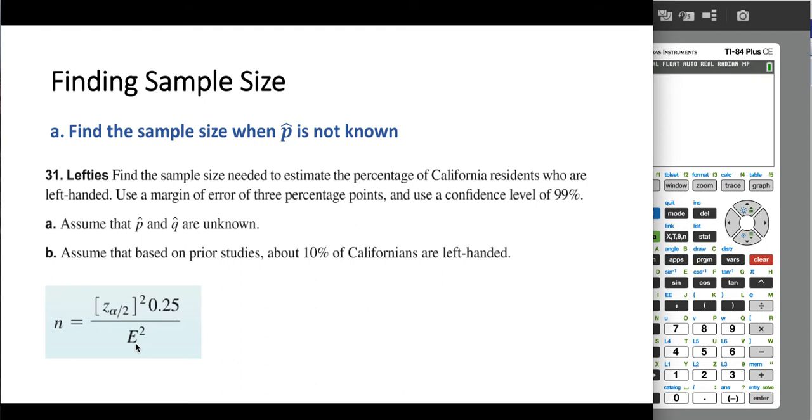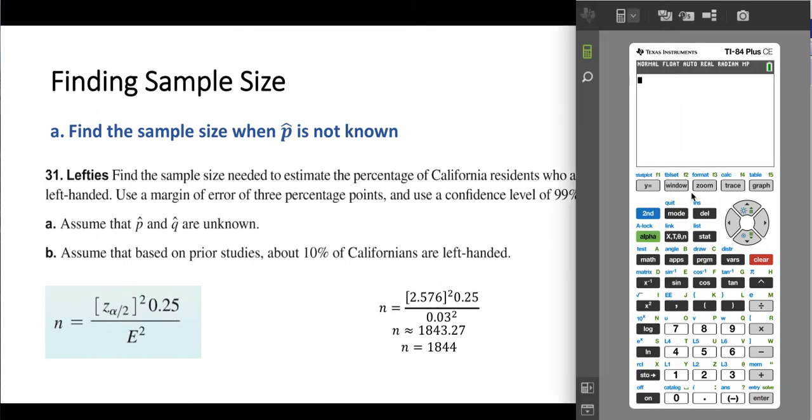And the margin of error, E, is told to us, and it's 3 percentage points. So when I put those numbers into the formula, they look like this. So the critical value is 2.576. We're going to square that, multiply it by 0.25, and divide that by the margin of error squared.